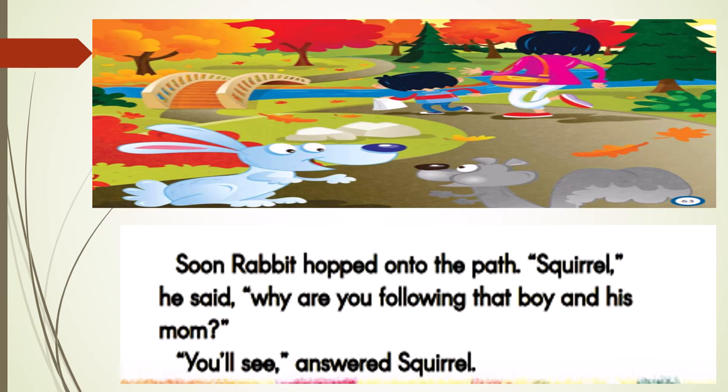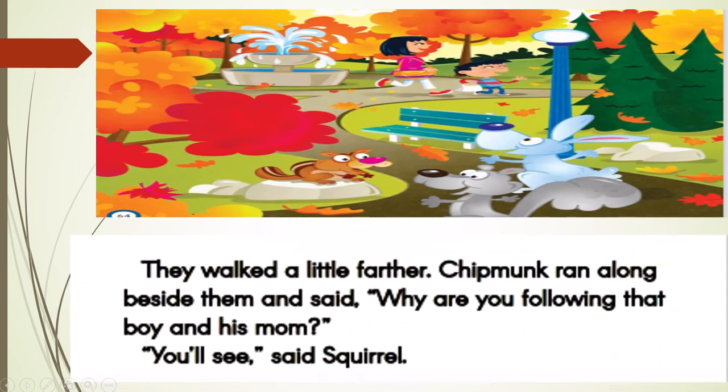Then, soon Rabbit hopped onto the path. Squirrel, he said, why are you following that boy and his mom? Rabbit asked Squirrel. You will see, answered Squirrel. Then they walked a little farther, and Chipmunk ran along beside them and said, why are you following that boy and his mom?